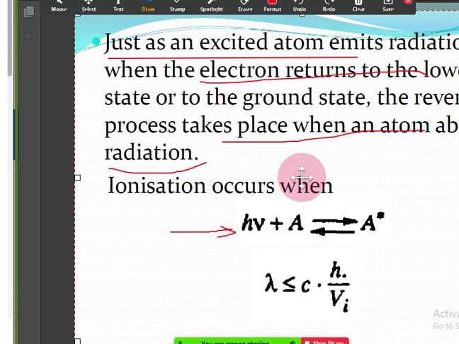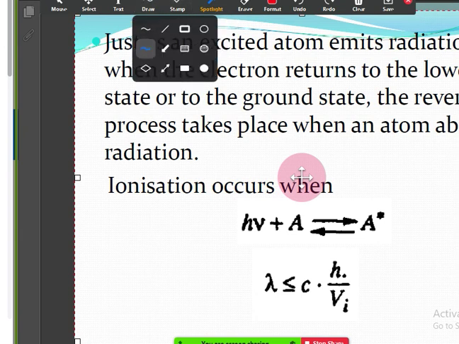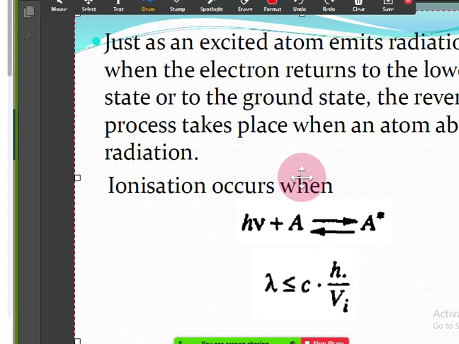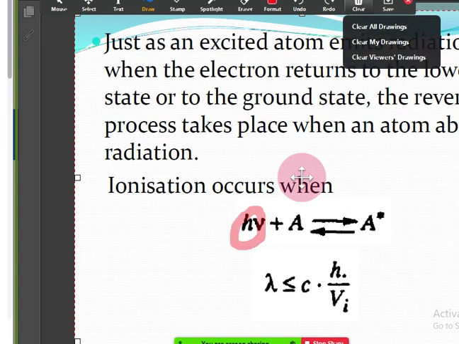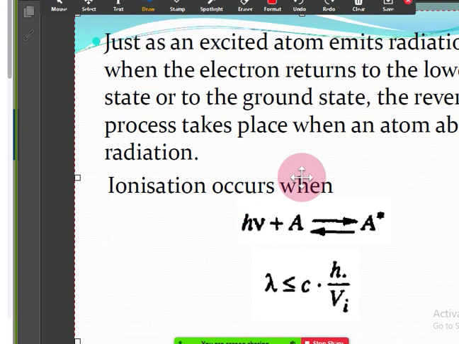A star is called an ion. Here h is Planck's constant, and ν is the frequency, plus atom. A means atom. So it may give rise to an ion. A star means ion.